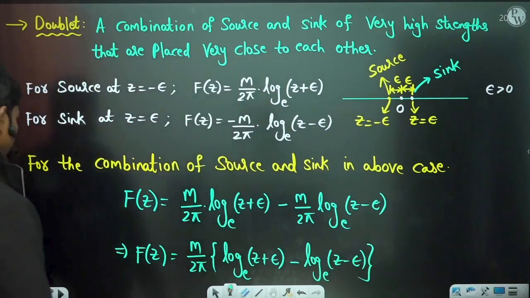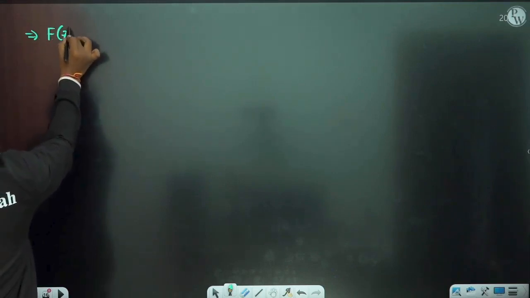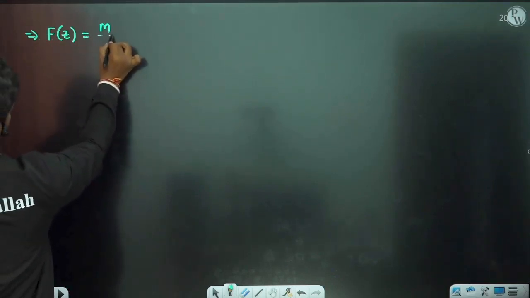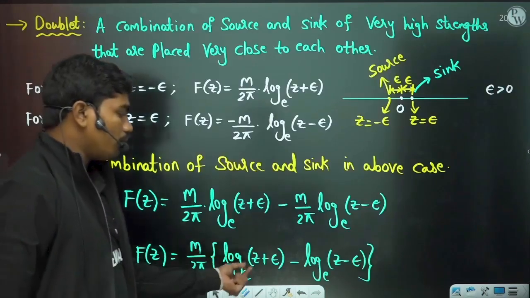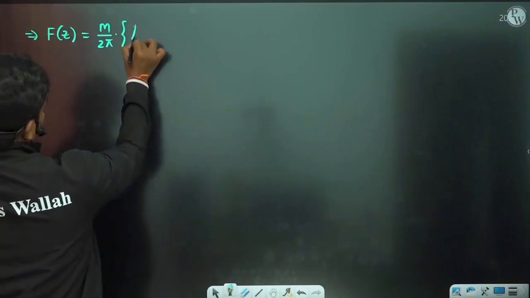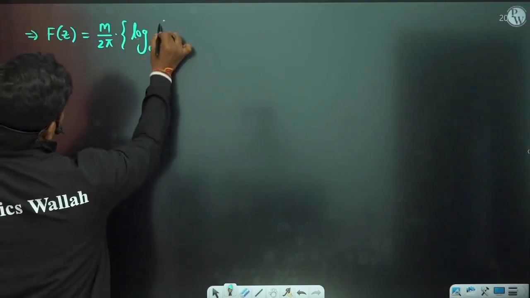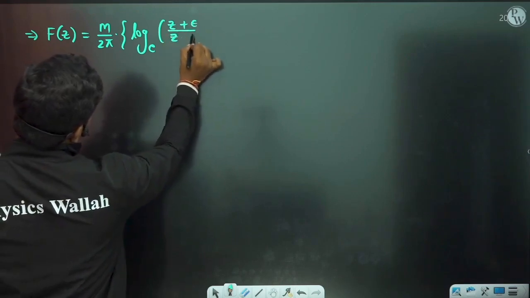Here, f of z is m by 2 pi into, this is of the form log a minus log b, which can be written as log a by b: log to the base e of z plus epsilon by z minus epsilon.